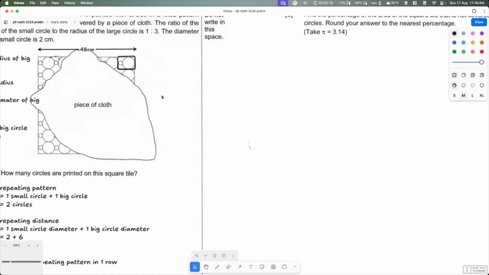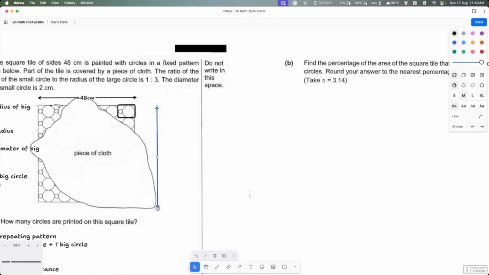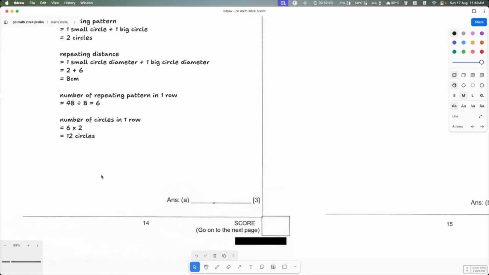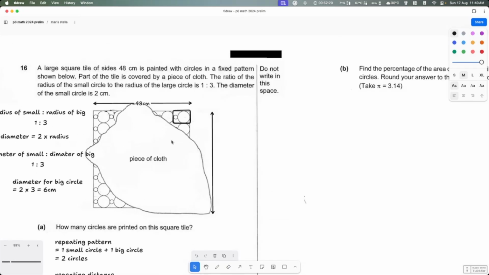Then we also want to know the number of rows. We also know that it is 48 centimeters for the number of rows as well.